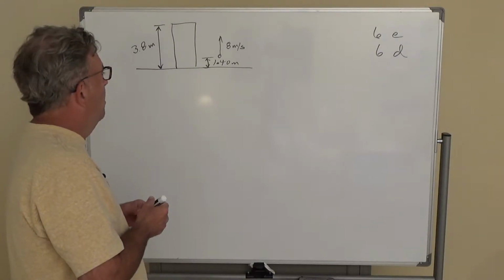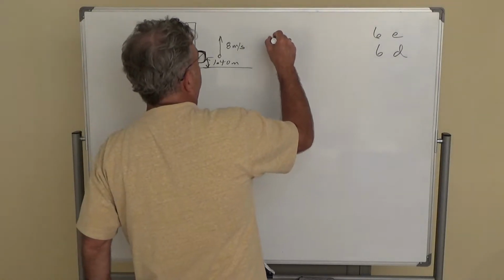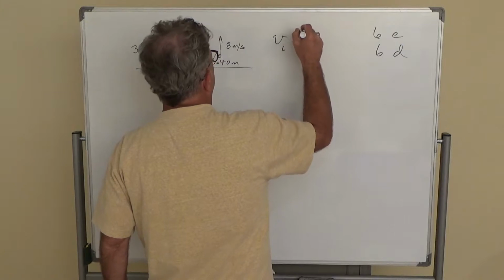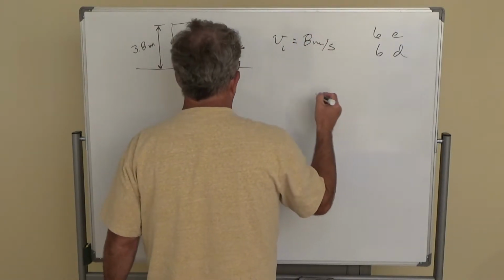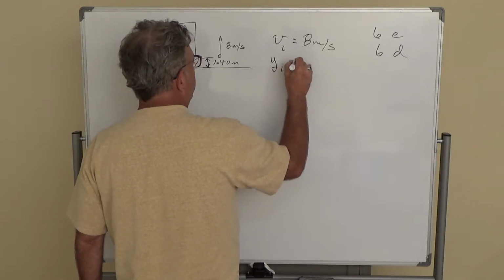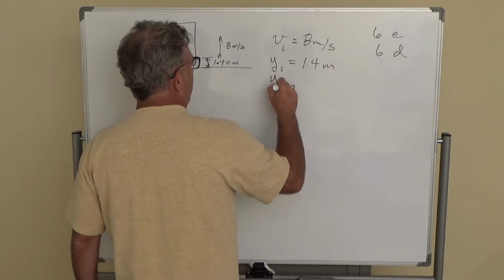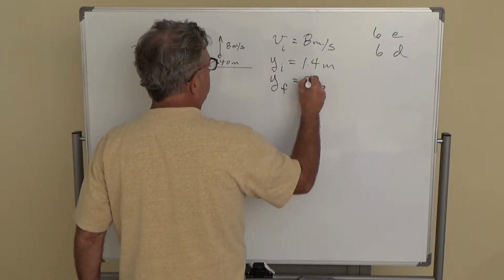Yeah. I mean, you know the initial velocity. Let's write down what we know. V initial, this is part A, is 8 meters per second, or you should have a number close to that. Y initial is equal to 1.4 meters. Y final is equal to 3.8 meters.